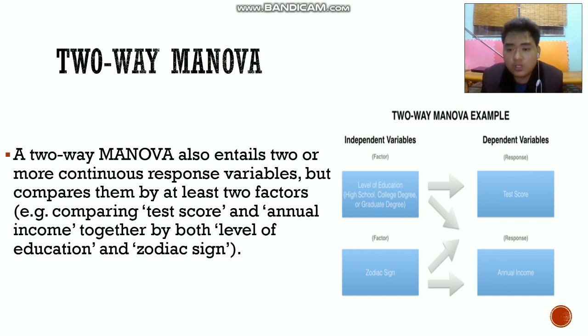Here in our illustration of two-way MANOVA, we have two independent variables: one, the level of education, two, the zodiac sign. The first factor, level of education, describes the two dependent variables, the test score and the annual income. In the same way, the zodiac sign independent variable describes the two dependent variables, the test score and the annual income.